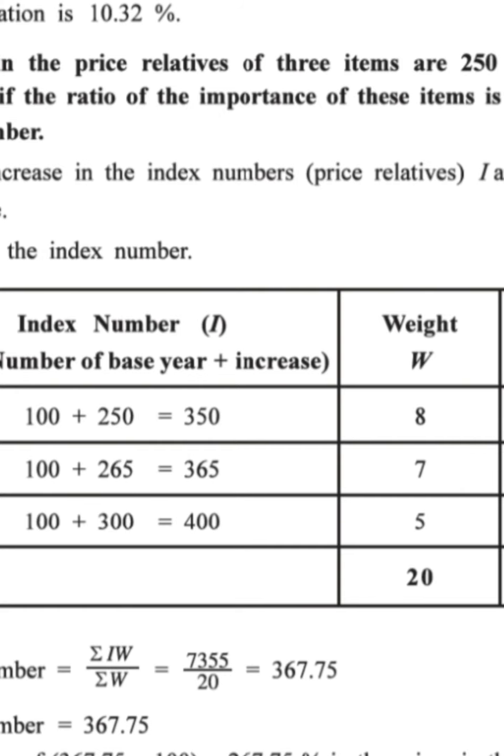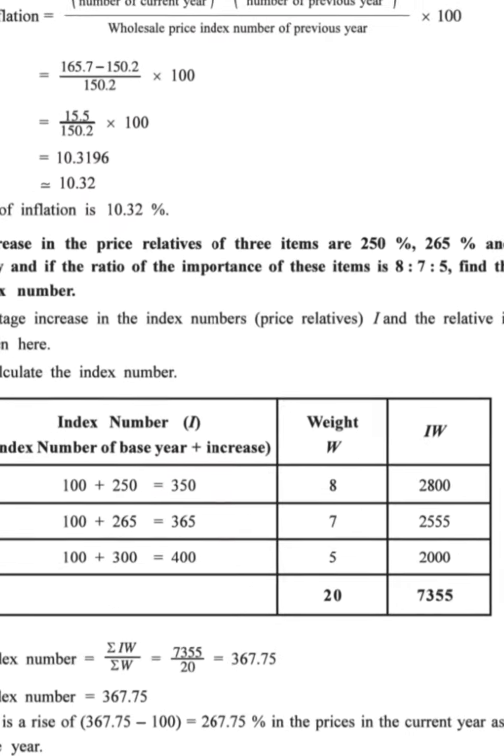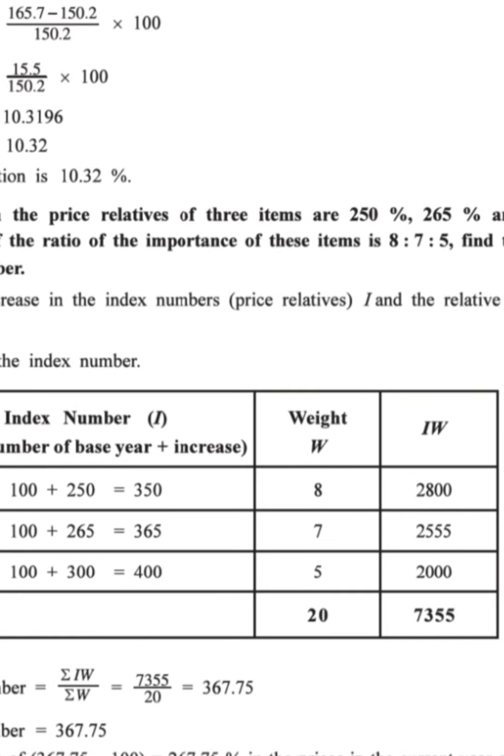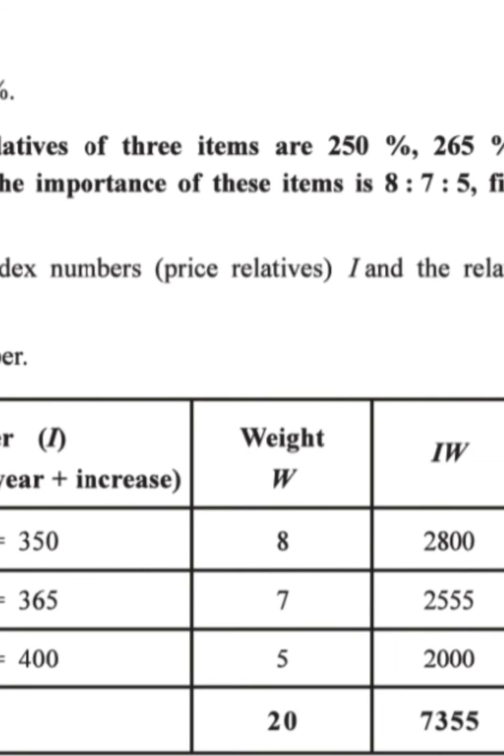Now to find out the general price index number, we want sigma IW. So we are going to multiply I and W, right? For item A, 350 multiplied by 8 will give you 2800. For item B, it is 365 multiplied by 7, that is 2555. And for item C, 400 multiplied by 5 will give you 2000.